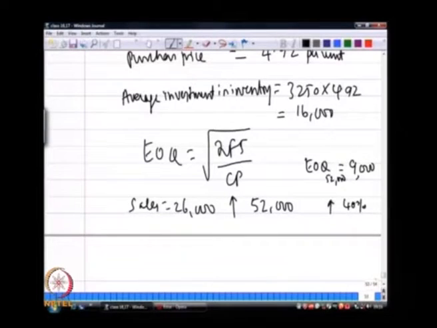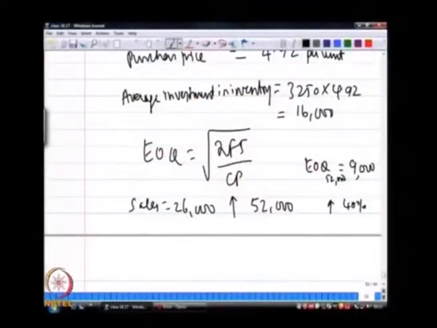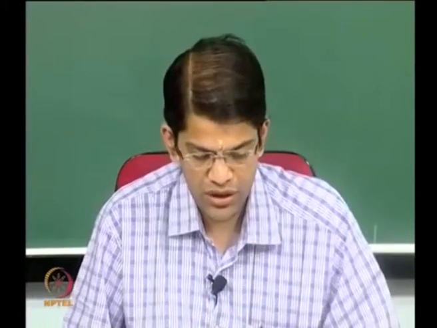So, a 100% increase in sales results in a 40% increase in the economic order quantity, and the average inventory required will also rise by the same percentage. Now, you will understand what I was saying about the need for maintaining economies of scale. This example suggests that economies of scale when it comes to holding inventories make a lot of sense, because the relationship between the economic order quantity and sales is not linear but a square root, which means the economies of scale will help in reducing the total inventory cost.